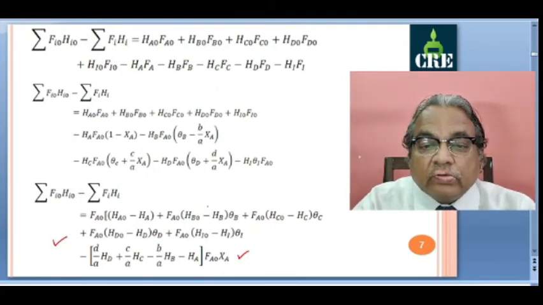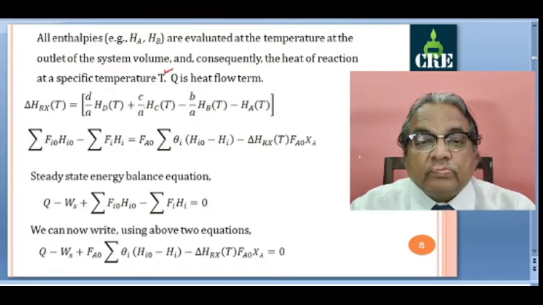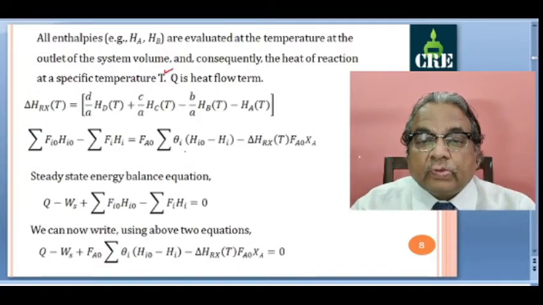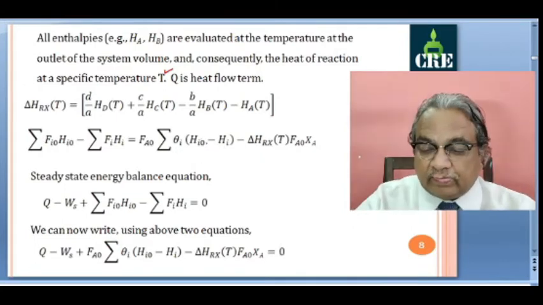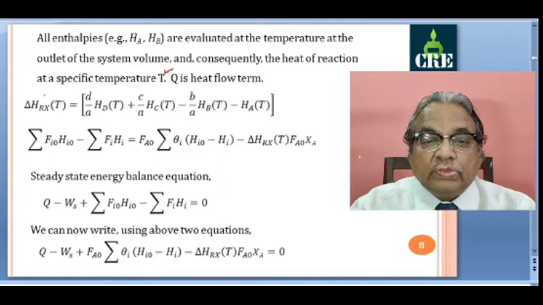And we have this term here, minus D by A and so on into Fa0 XA. So that term is replaced by this term: minus delta HRX at T into Fa0 XA. So theta I Hi0, theta I Hi with minus sign. All these terms we have considered and we can write the balance.